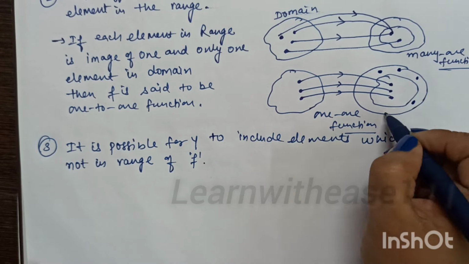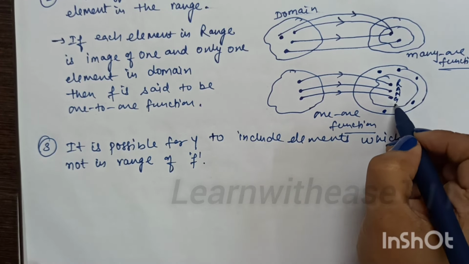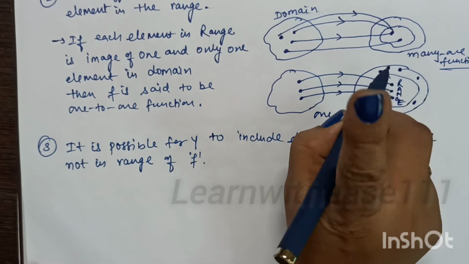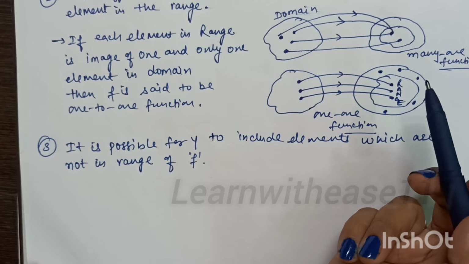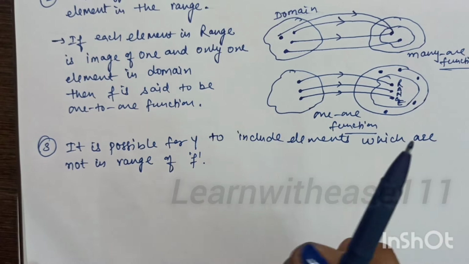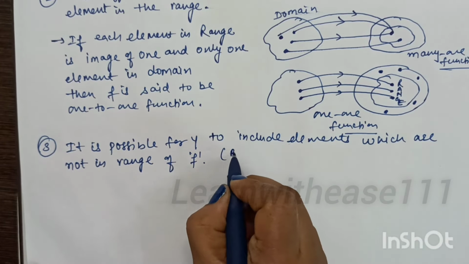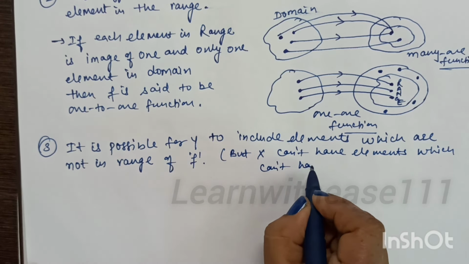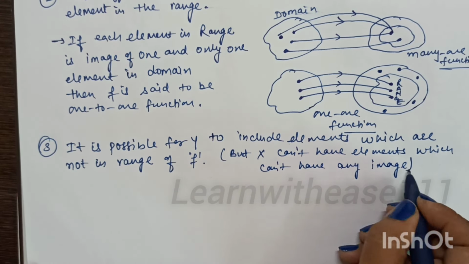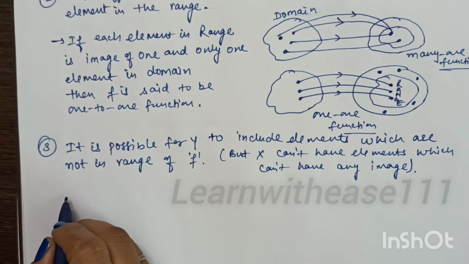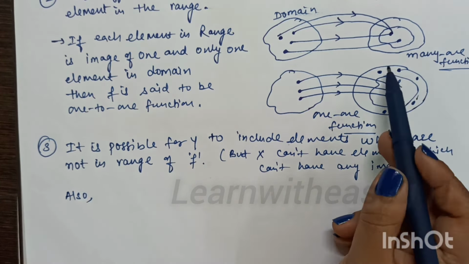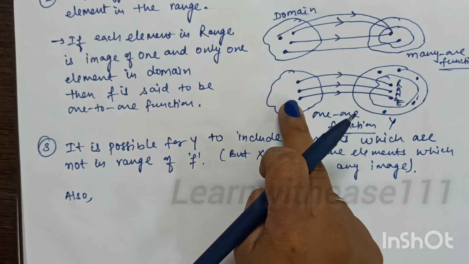Meaning Y can have elements which didn't get connected with any of the elements of X. In this case, codomain and range would be different, where there are a few elements left out in Y which didn't get connected with X. And whenever there is no element in Y which is left out, meaning there is no element in the set Y which didn't get connected with any element of X, then the function is onto. Meaning in that case your codomain and range are the same.